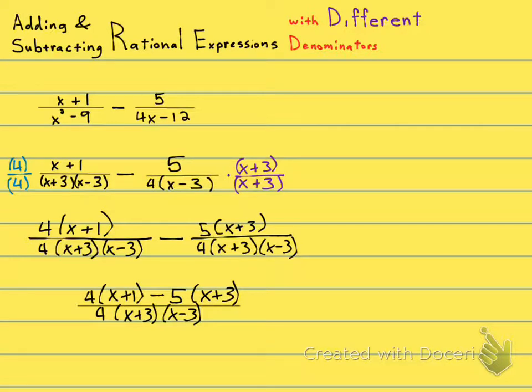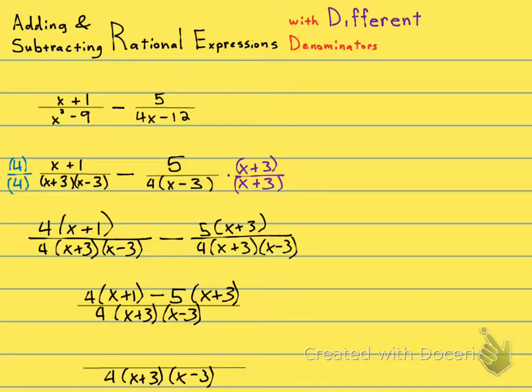Okay, so if you wanted to distribute at this step, that would have been okay. I like to wait and put them together. That way I can see that this negative is attached to the 5, and when it distributes through, it's going to stay negative both of the times that I multiply. All right, let's go ahead and distribute. So my new fraction, denominator is the same, 4 times x plus 3 times x minus 3.